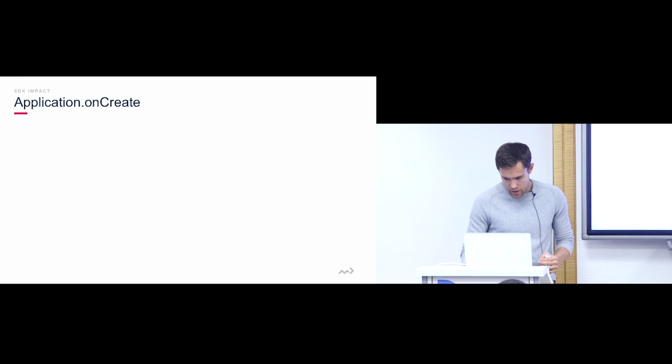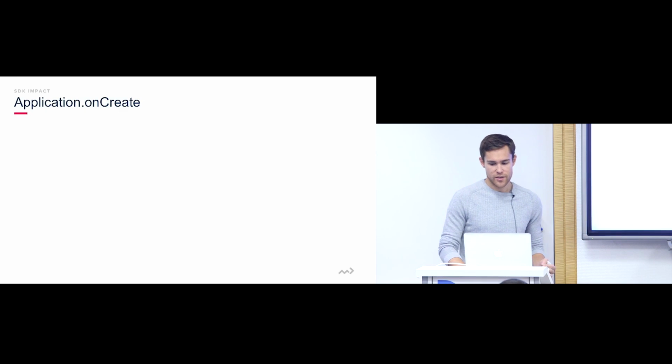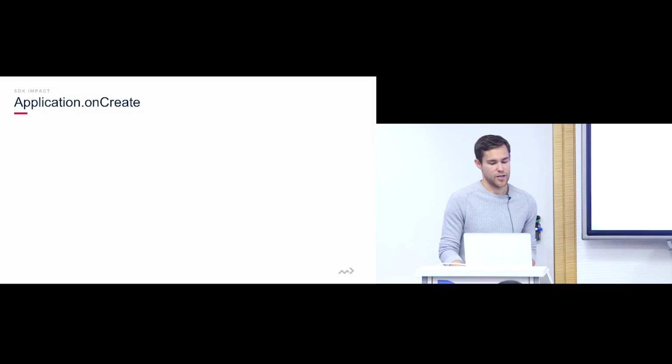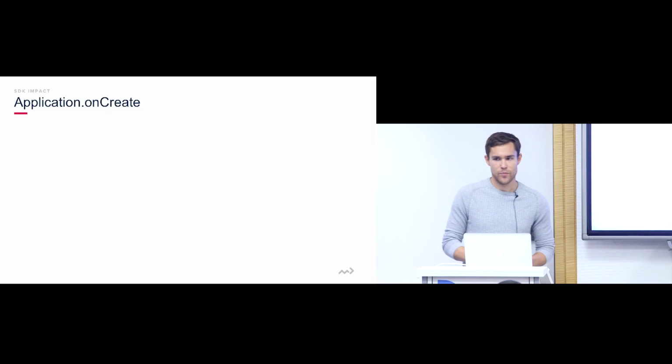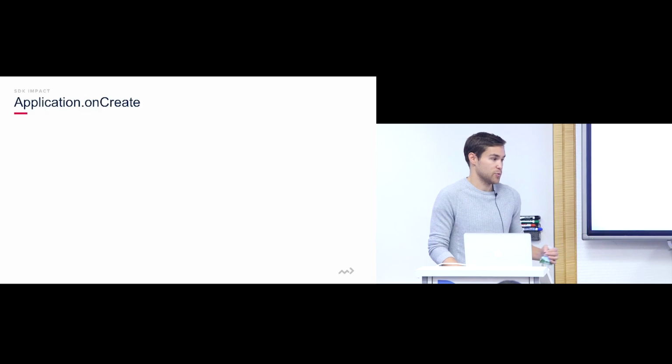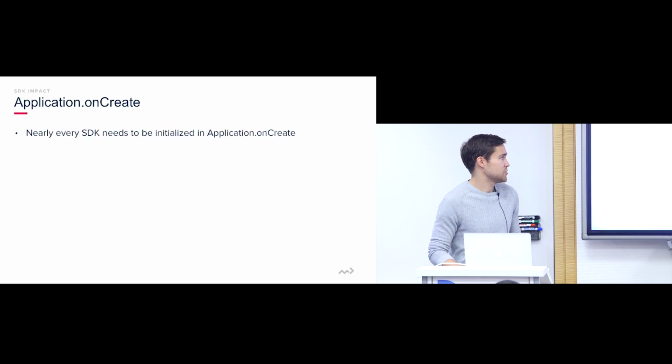Yeah, so I talked about this a little bit, but almost every SDK requires being created in the application's onCreate. This happens at any time, whether the user taps on your launcher icon or your broadcast receiver that's associated with your process gets instantiated.